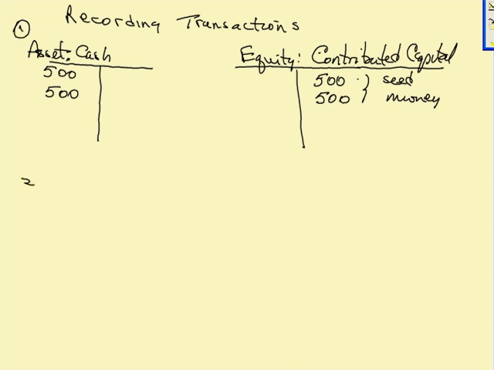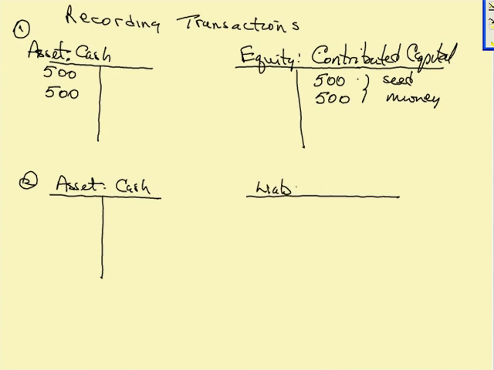The second transaction we're going to record is that you then went to the bank and borrowed $1,000. So once again, we show the asset because where the money wound up was in the bank or the cash account. And where did the money come from? Well, this time it came from debt owed to the bank. So we'll call that a liability. We'll just short form it, bank loan.